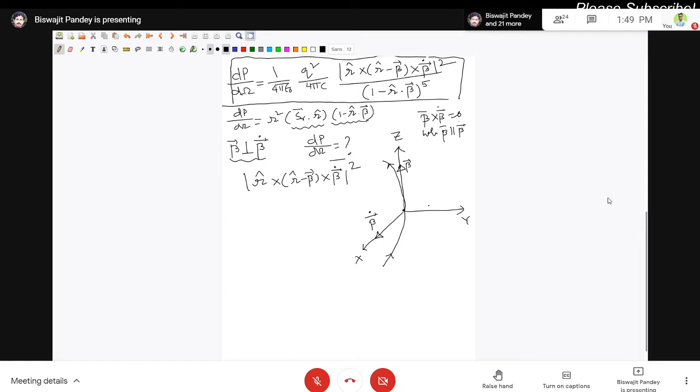In general it is useful to use spherical coordinates, because we used r, theta and phi earlier when we integrated to get the power radiated. The theta is there, so it is useful to stick to the spherical coordinate system.